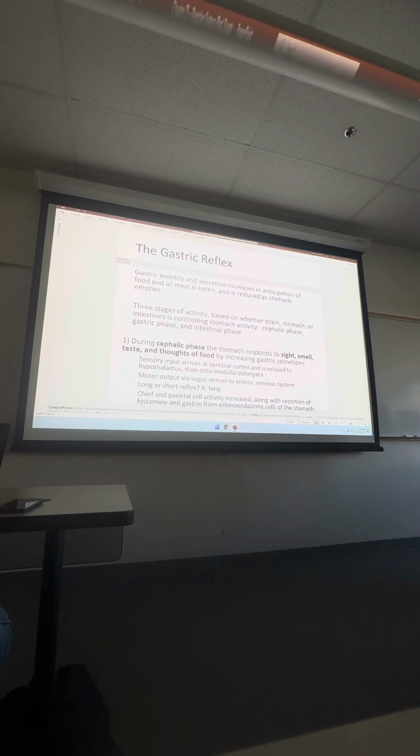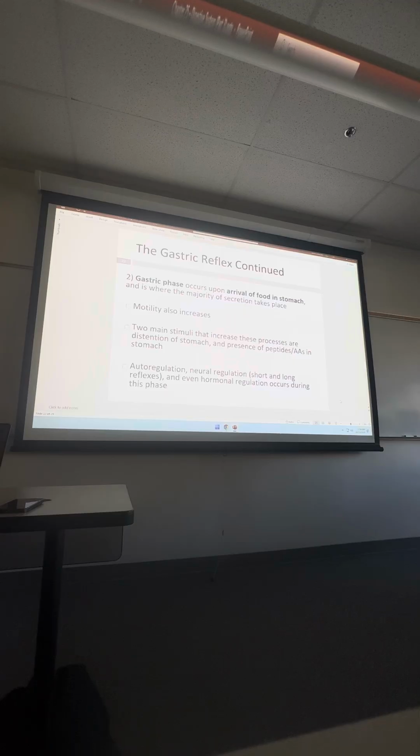Some things happening in the stomach are reflexes. It's because of cranial activity, your cortex, your cerebral cortex, gets you thinking about how you're going to get this food processed. A long reflex. Your chief or parietal cells are busy, you're making that histamine, you're making the gastrin, and your stomach is getting going. And so your stomach is ready for the food.